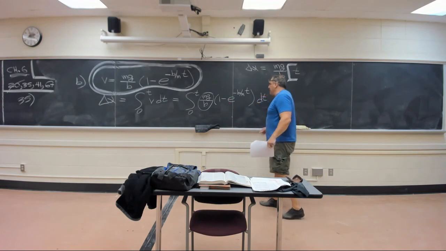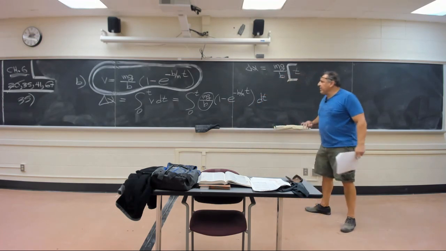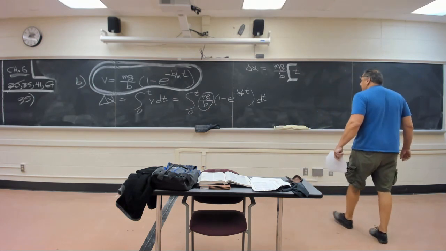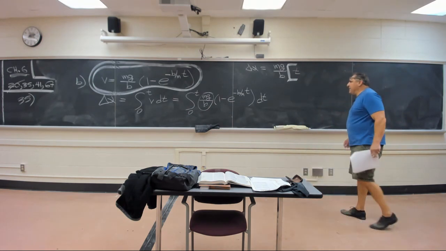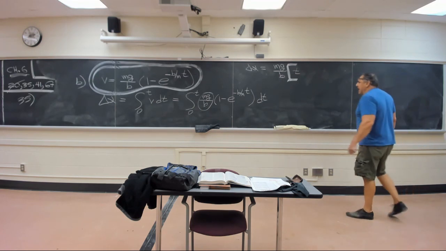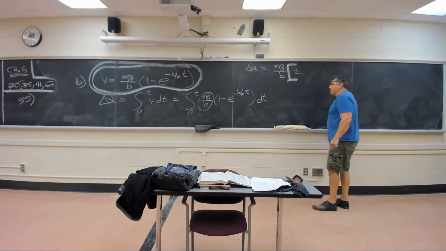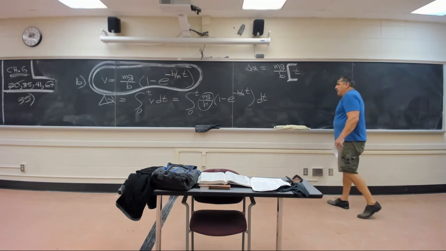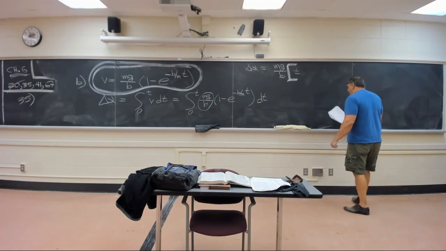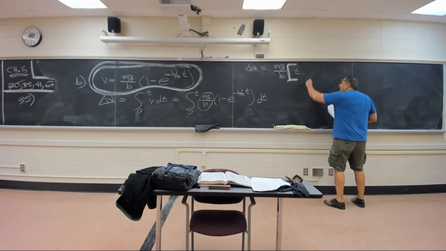Integrate plus a negative e to the negative b over m t dt. That's going to be negative m over b times negative 1, which is just going to be m over b e to the negative b over m t.